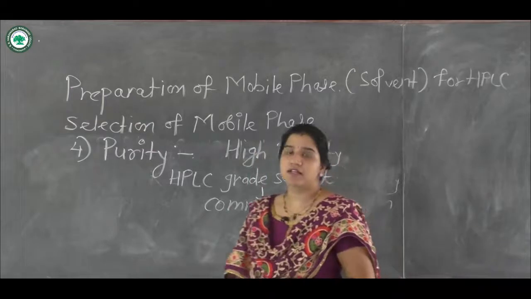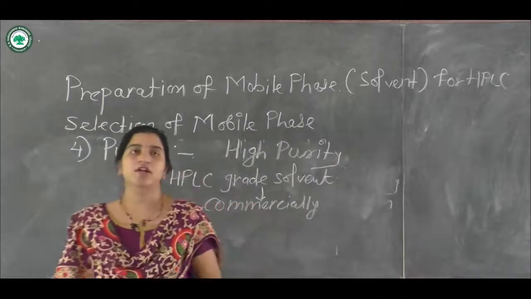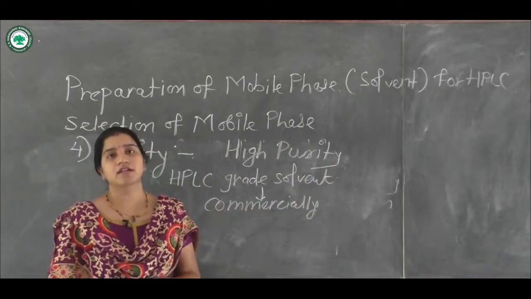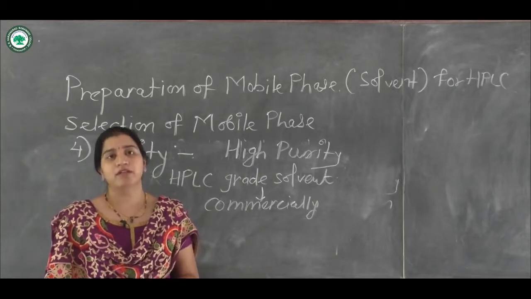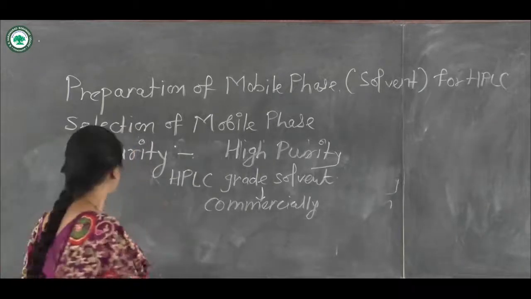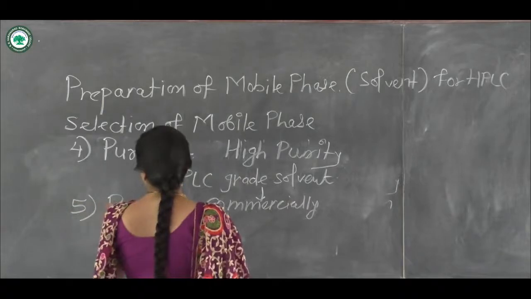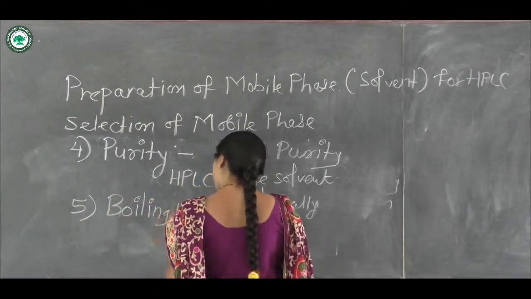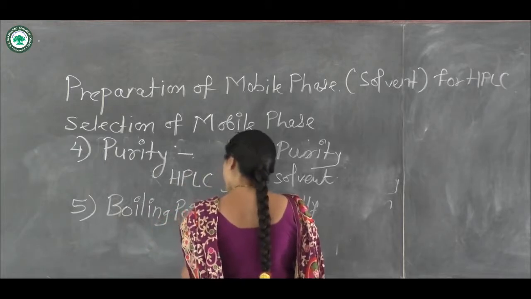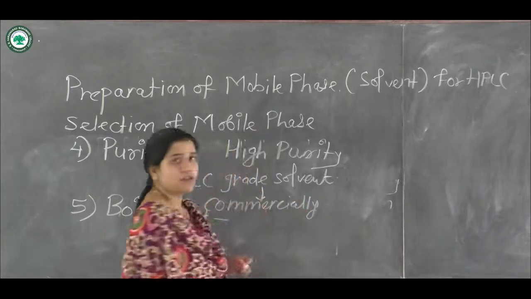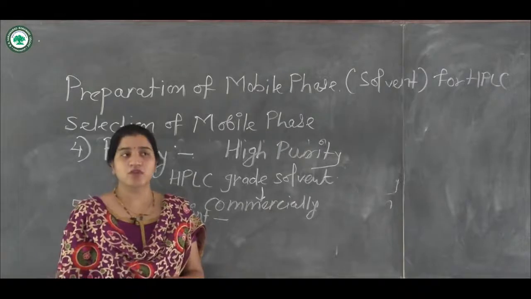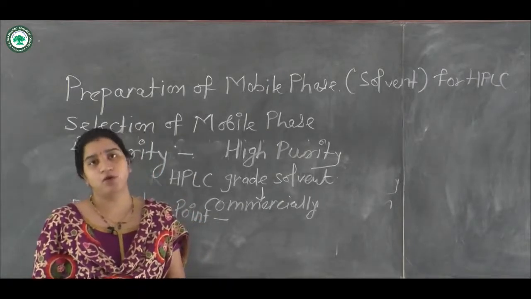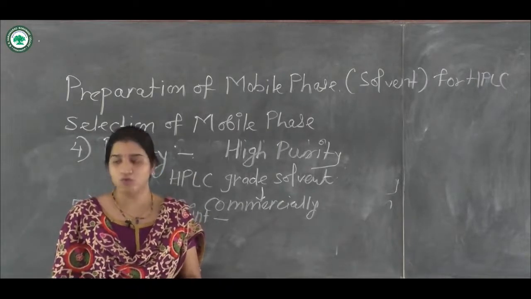Now, after studying the purity, the next important point that you have to consider is the boiling point of a solvent. Generally, there are two types of solvent, one having a high boiling point and one having a low boiling point.